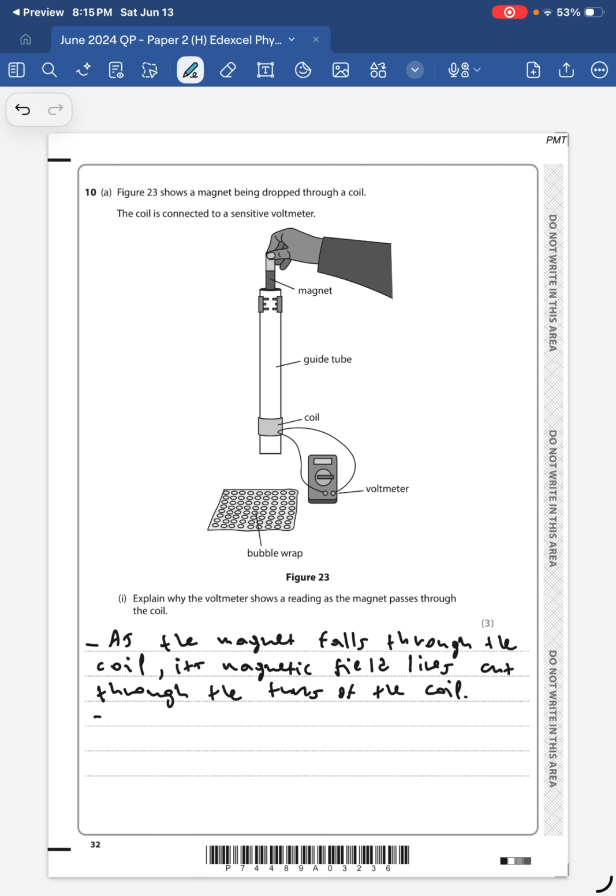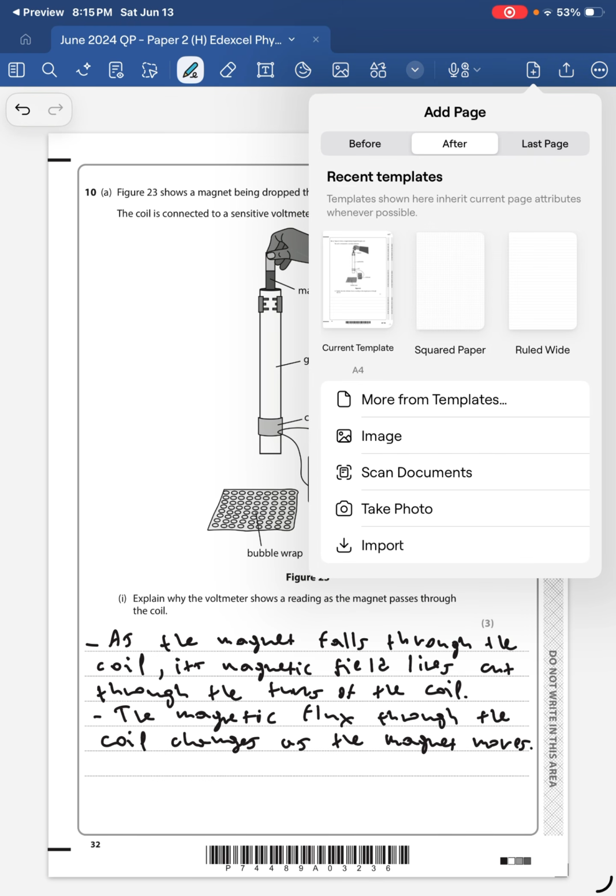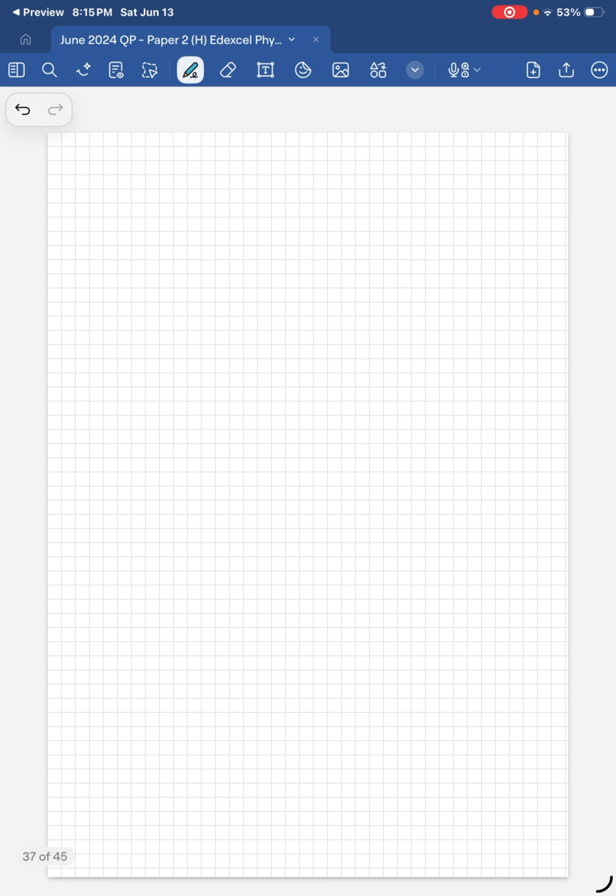Okay, the magnetic flux through the coil changes. So the magnetic flux through the coil changes as the magnet moves.